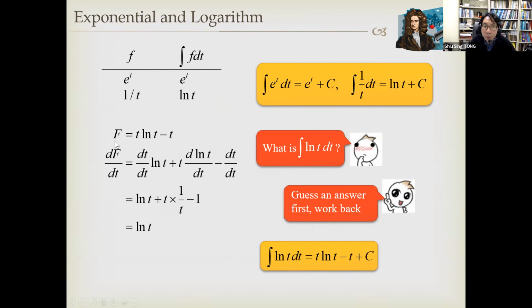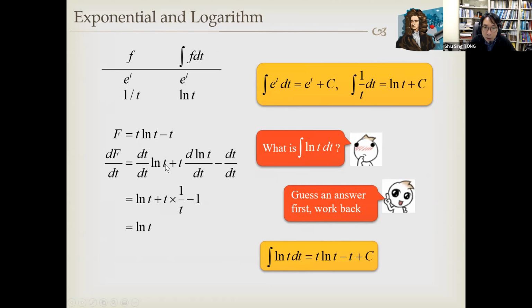Now we have an example for you. Somebody may ask me, what is then the integration of log t? Do you know how to find the integration of log t? Some of you may have learned integration by parts. You may know how to do it, but let me do it in the reverse way. Suppose I know the answer. The answer is t log t minus t. If you don't believe it, you can simply differentiate this expression. When you do it, you can see differentiating t is 1.